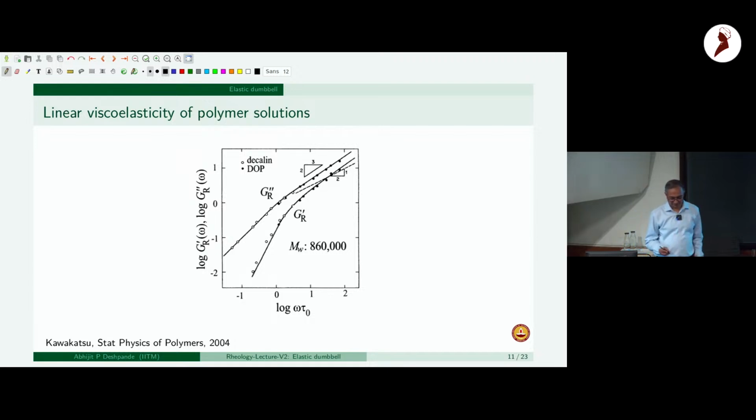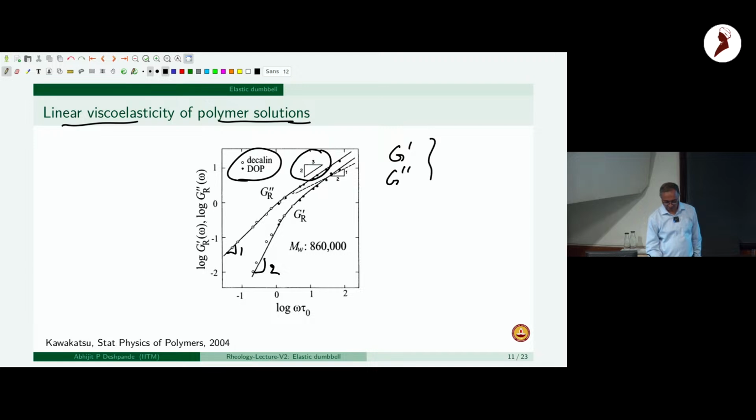But if you look at the description of the linear viscoelasticity of polymer solutions, the Zimm model does a really good job. So this is some polystyrene in two different solvents, and you can see that the low frequency response is of course viscous, but at higher frequencies you have power law dependence of both G prime and G double prime, both depending on omega to the power 2/3 as predicted by the Zimm model, and so it corresponds quite well.